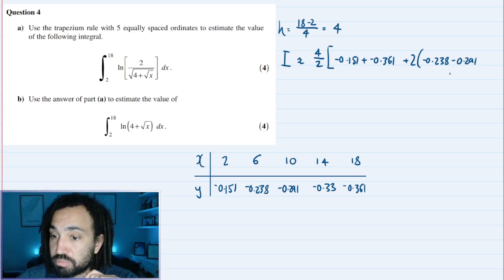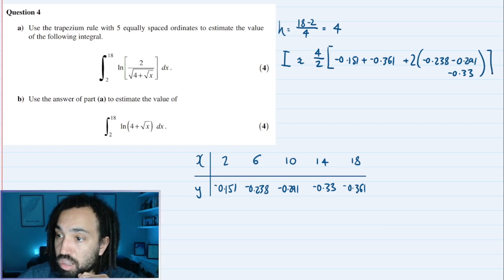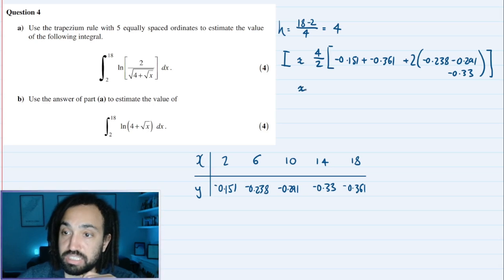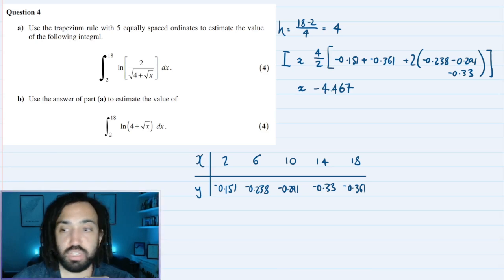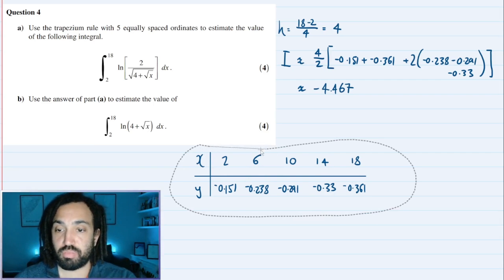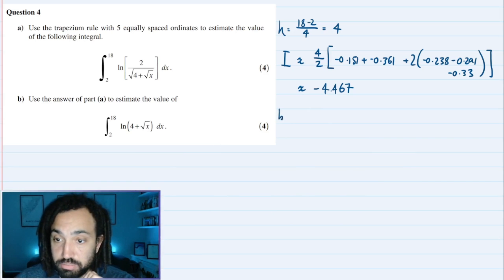And I'm going to run out of space. How annoying. Let's just do that. Okay, great. So we can do that, and I won't bore you with typing that into the calculator. I'll just tell you what the answer is. There we go. We get minus 4.467. Okay, great.